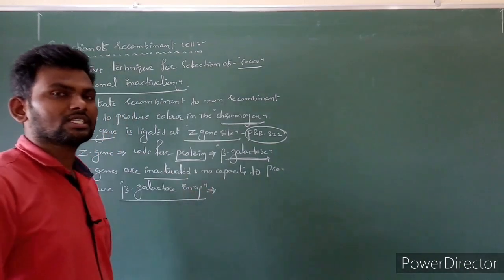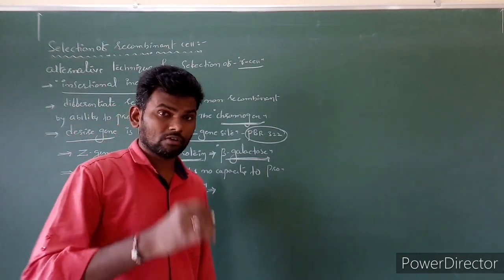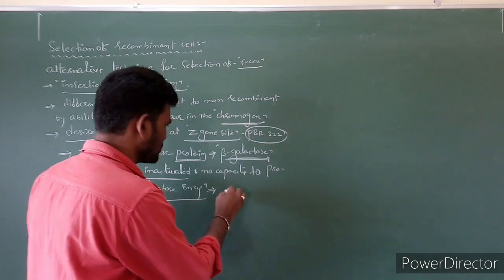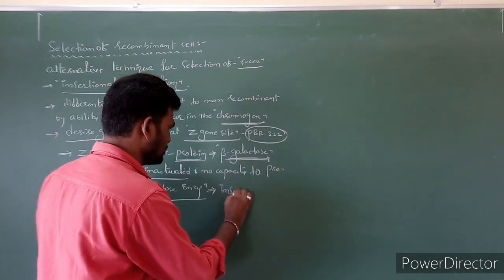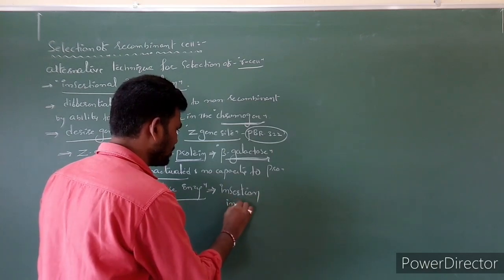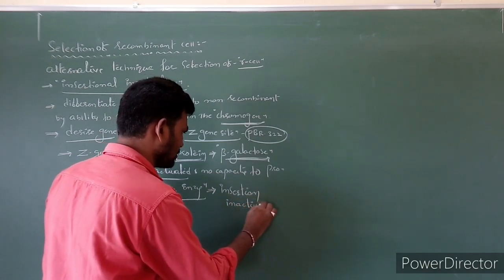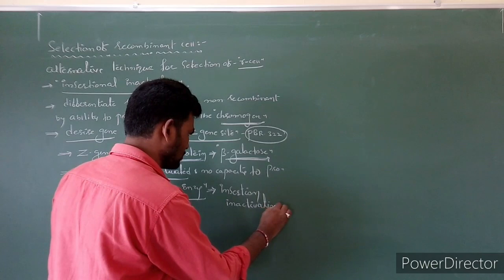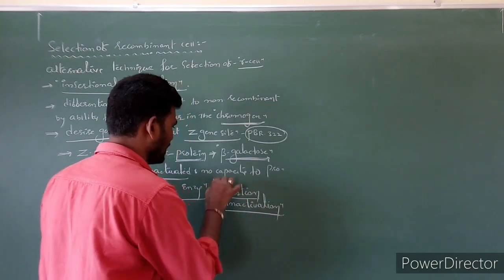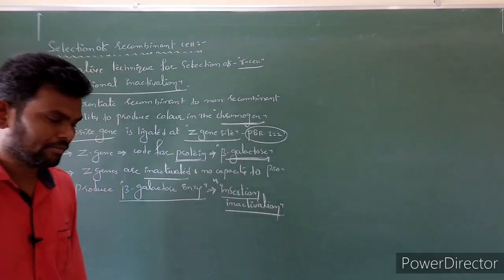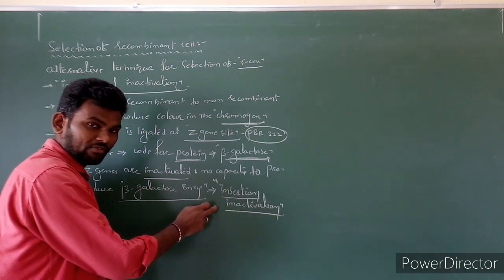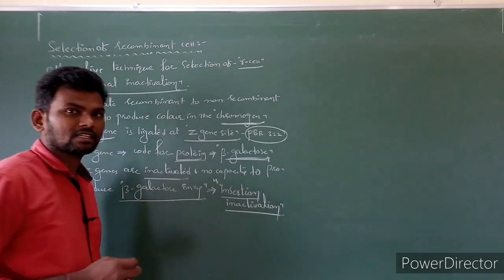So this process is called as what? A very important 2-mark question: insertional inactivation. So this technique is useful for recognition of recombinant cells.